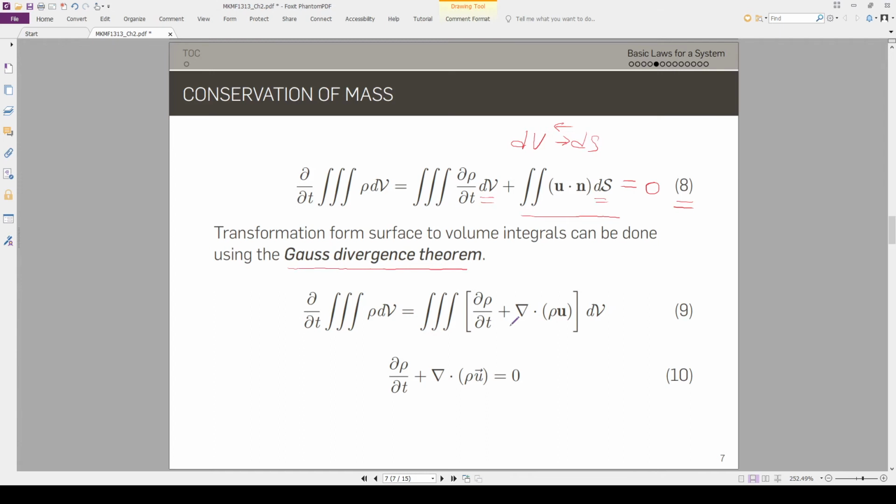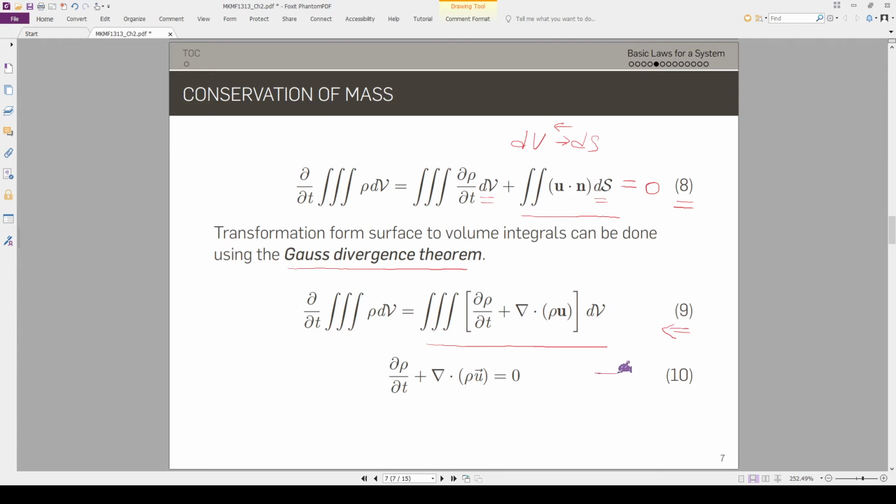After we apply the Gauss divergence theorem, we are able to rewrite our conservation of mass equation in volume integral form as a whole. So we can lump everything, and now it is written as a volume integral.